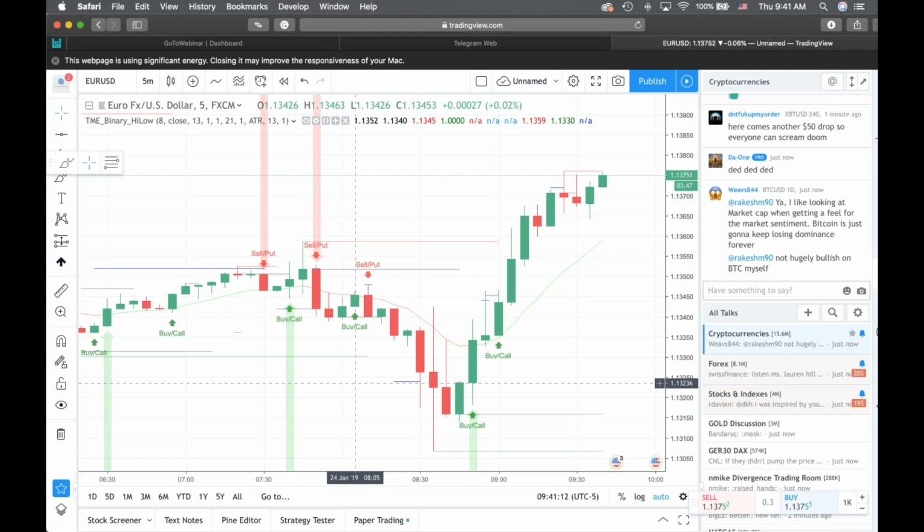It's not a fake, but you will see that all arrows give you a good setup, because the failed ones are erased from the chart by the indicator itself.